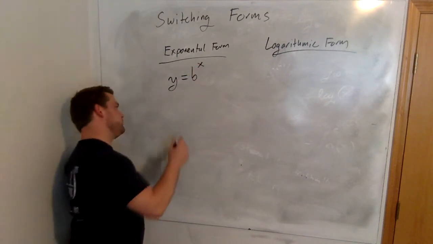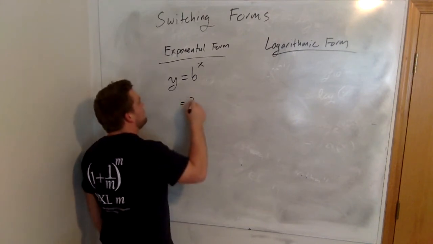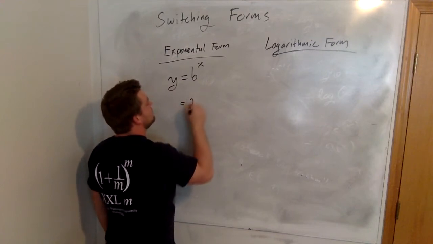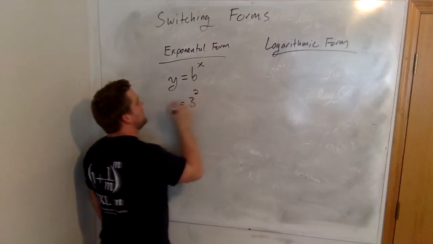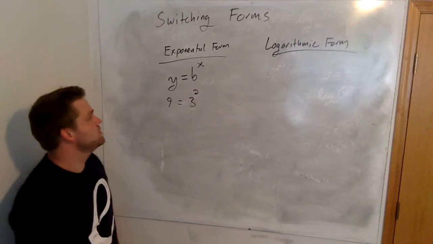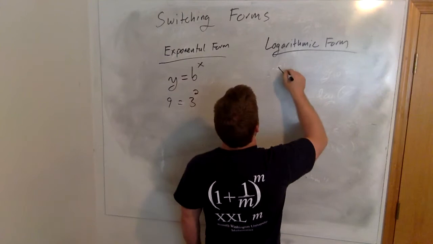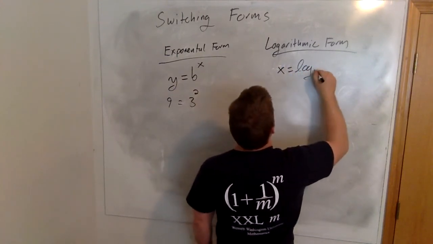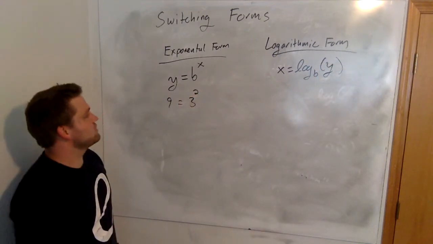For example, let's do 3 squared equals 9. So this would be something in exponential form. What would this be in logarithmic form? This would be that x is equal to log base b of y. This is the logarithmic form.